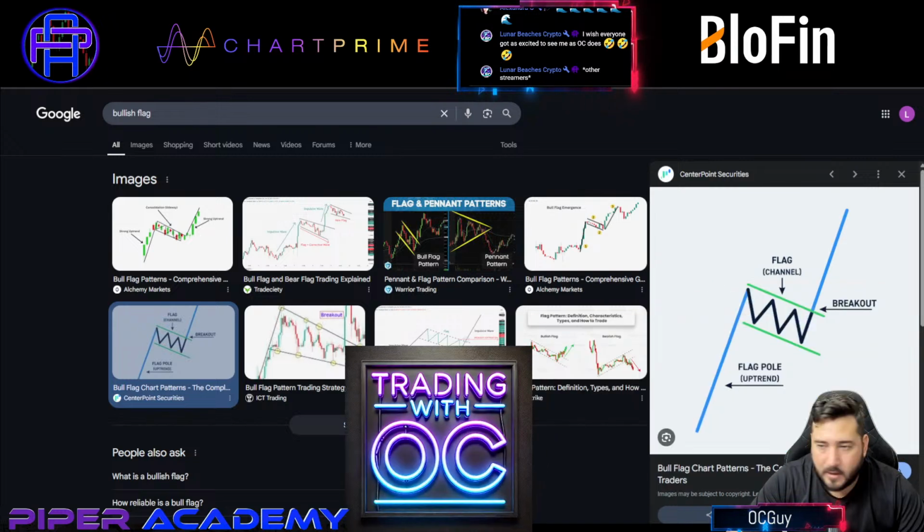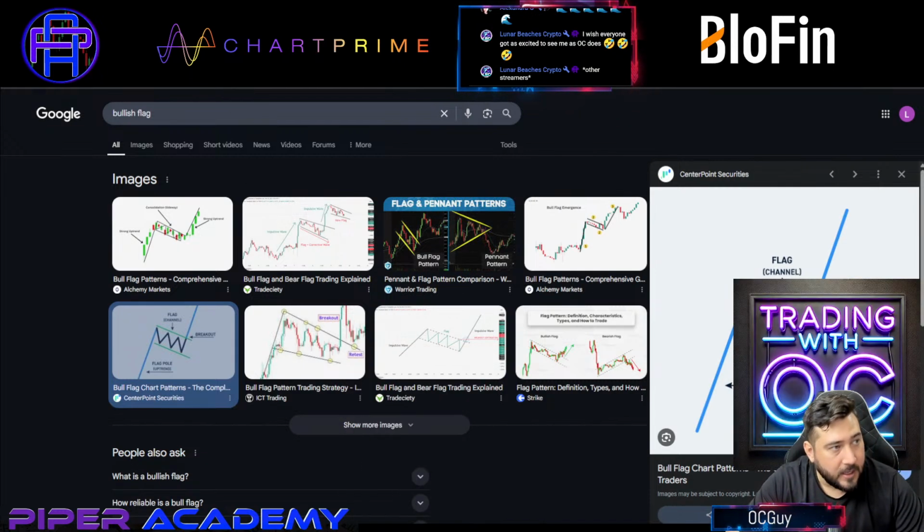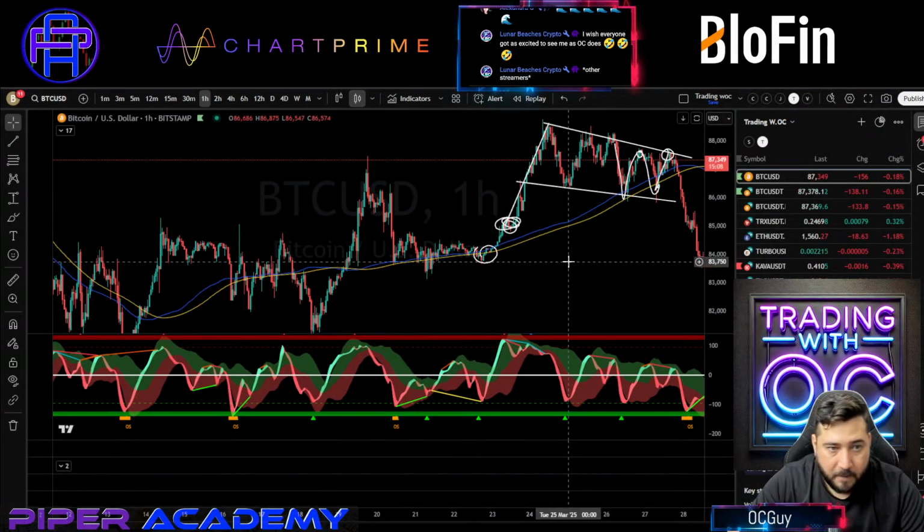All right. As you can see, the channel, the wedge, or whatever is happening here, right, depending on the pulse size, is going to define whether this is a flag or a standalone figure. So that's why it's important to consider the morphology of that pattern.